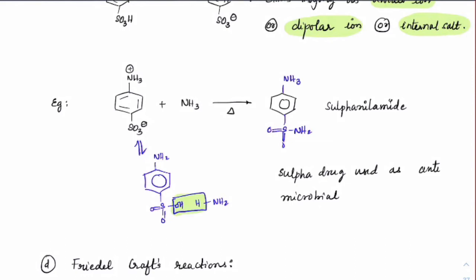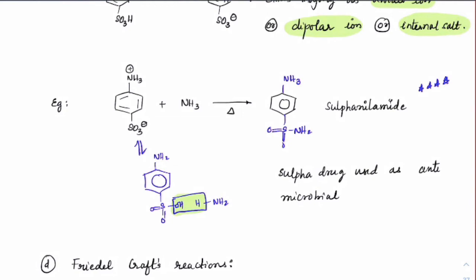So we have sulfanilic aniline with an amide group. That's why it is called sulfanilamide. Sulfanilamide is the one which is used as the sulfa drug for antimicrobial treatments. Once in JEE Mains, it was asked which of the following are sulfa drugs.